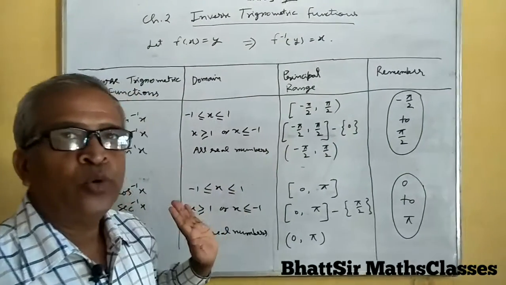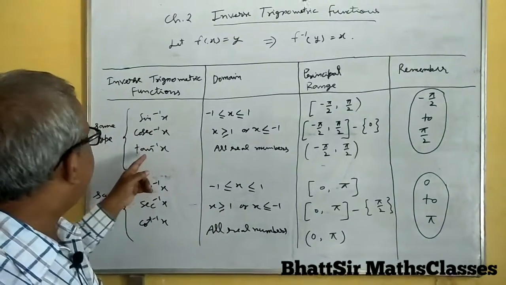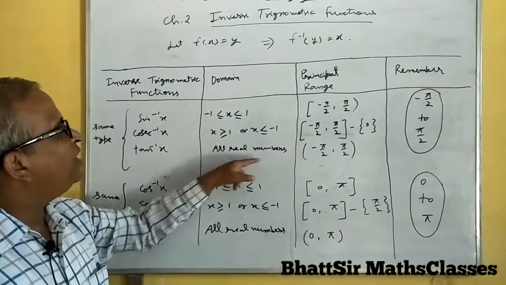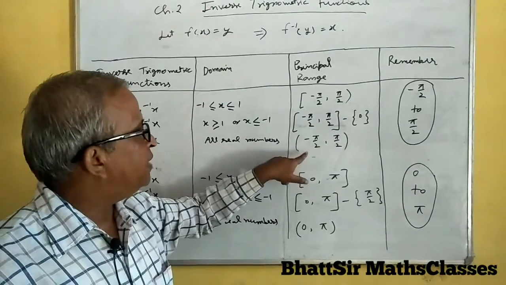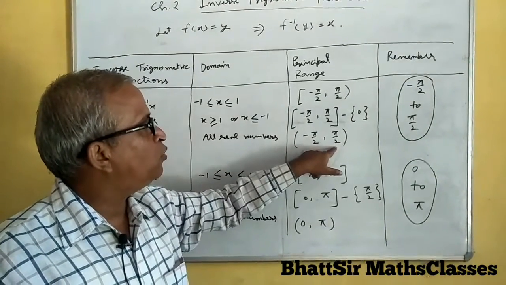Cosec inverse x has the domain x greater than or equal to 1 or x less than or equal to -1, and the principal range is minus pi by 2 to pi by 2 excluding 0. And tan inverse x has the real numbers as its domain, and the principal range is minus pi by 2 to pi by 2.